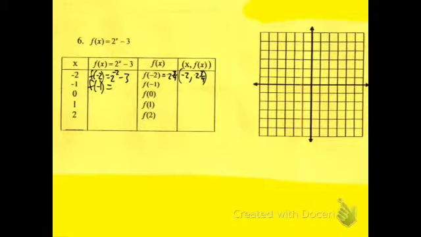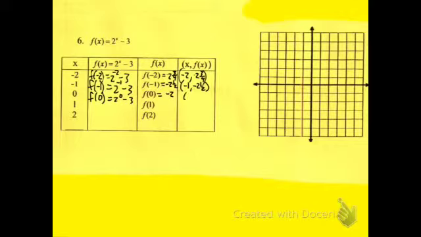So now we're going to take negative 1, put it in for x, 2 to the negative 1 power, minus 3, is going to be 1/2 minus 3, which is the same thing as negative 2.5. So we get the point negative 1, negative 2.5. Next one, plug in 0. So you're going to have 2 to the 0 power, which is 1, minus 3, which is negative 2.